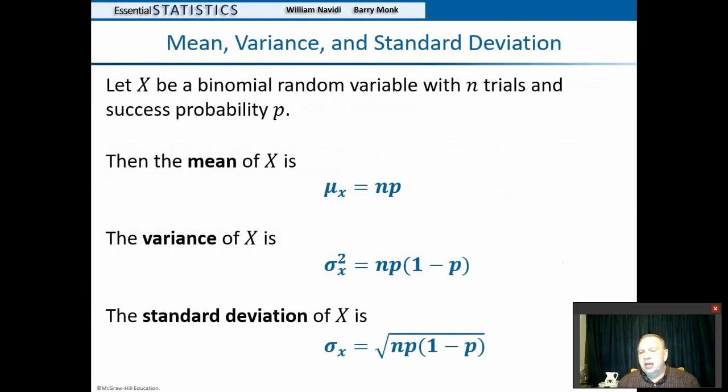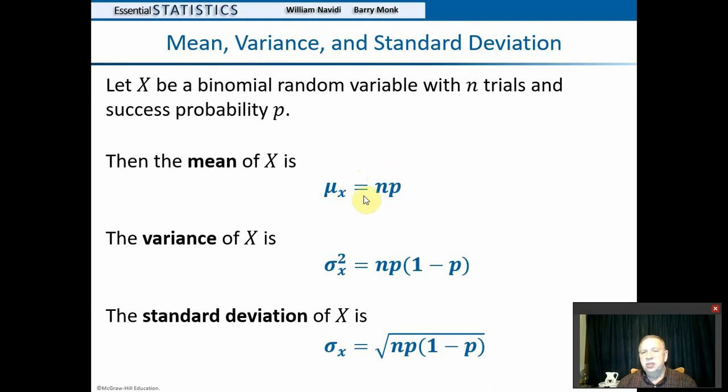It turns out it's actually pretty easy, given the probability and the number of trials, to calculate the mean, or expected value, and the variance or the standard deviation. The mean is simply n times p: I've got a number of trials with a probability of success. So this is the percentage of those that we are expecting to be successes.